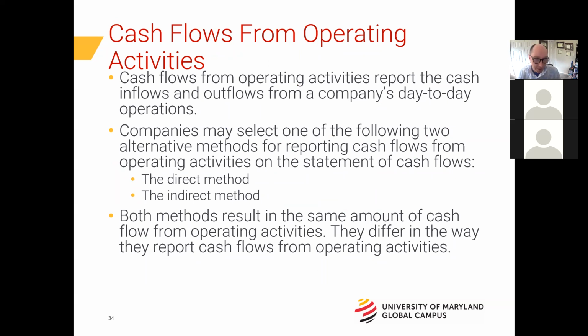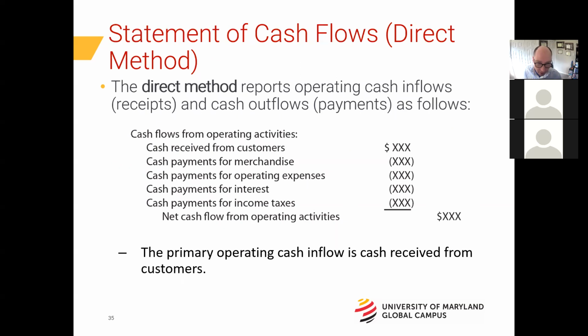There are two methods to the statement of cash flows that you have seen so far, the direct method and the indirect method. And the formatting of these for the statement of cash flows using direct or indirect method include the use of net income. If we're using the direct method, direct is, in my opinion, the simplest format to use.